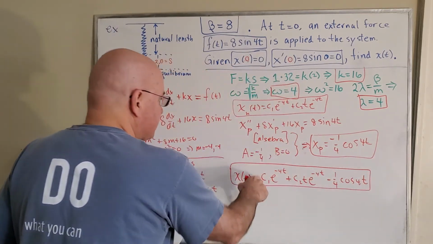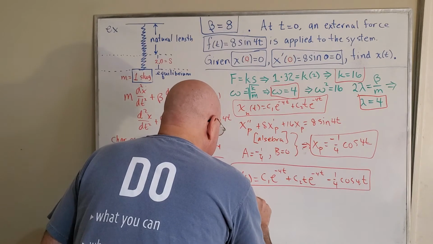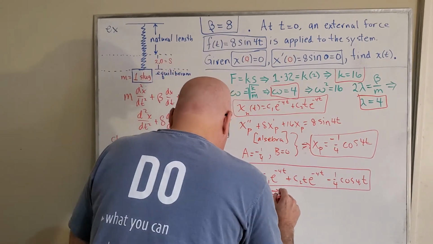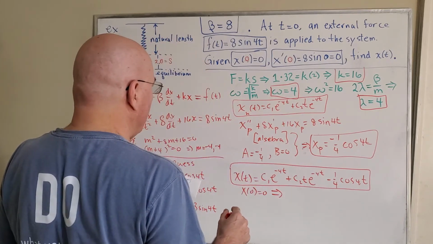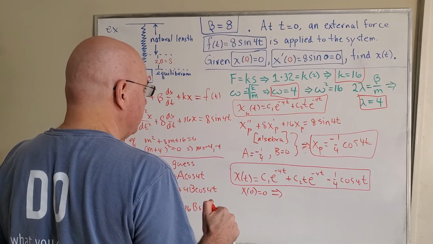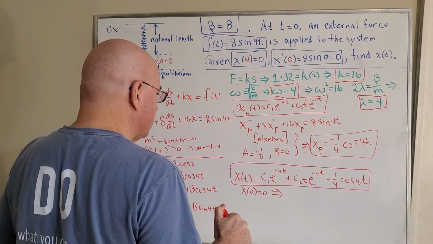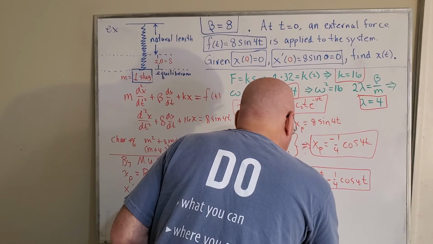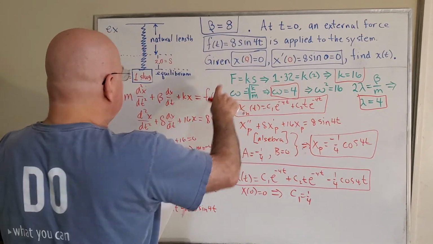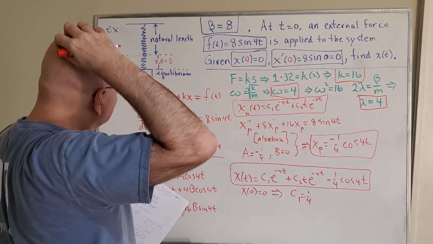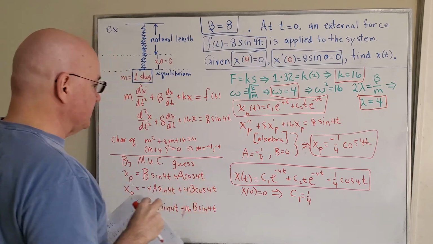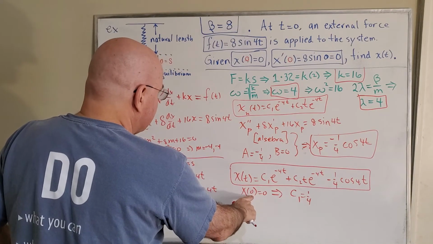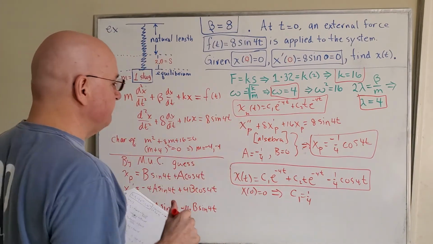Then we need to figure out what C1 and C2 are, and we would get that from x of 0 equals 0, which implies that C1 minus 1/4 equals 0, so C1 equals 1/4. X is 0 at time 0 in this equation.